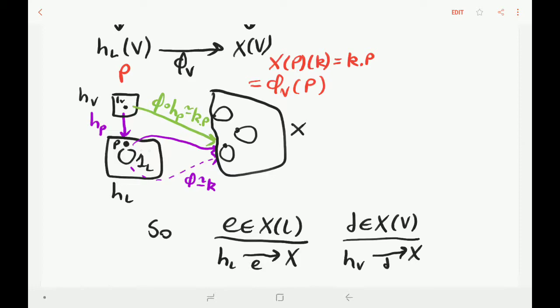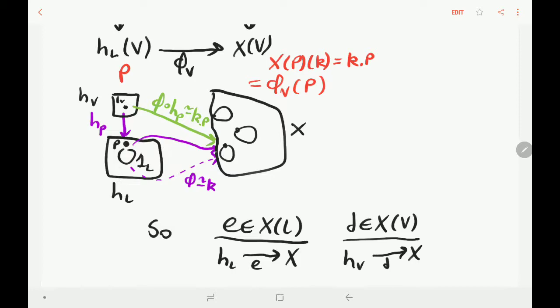So yeah, basically, consider a bouquet X. Say we want to refer to this loop at the bottom here. Well, we can do that just by actually talking about the loop, as a member of the set X of L. Or we can, probably more elegantly, refer to it as a morphism from this single loop hom functor here.